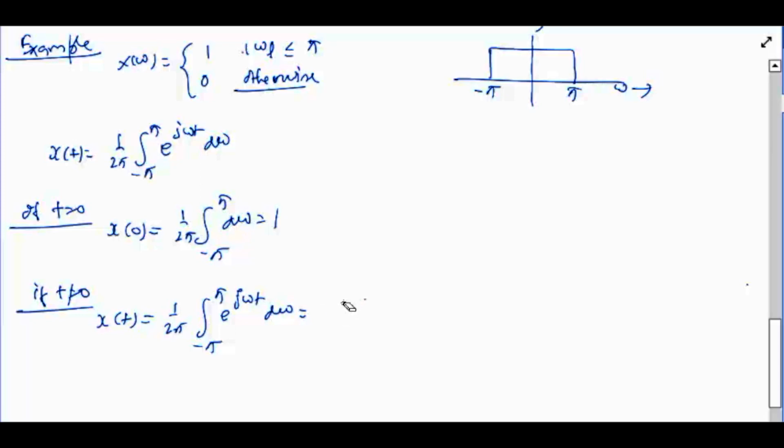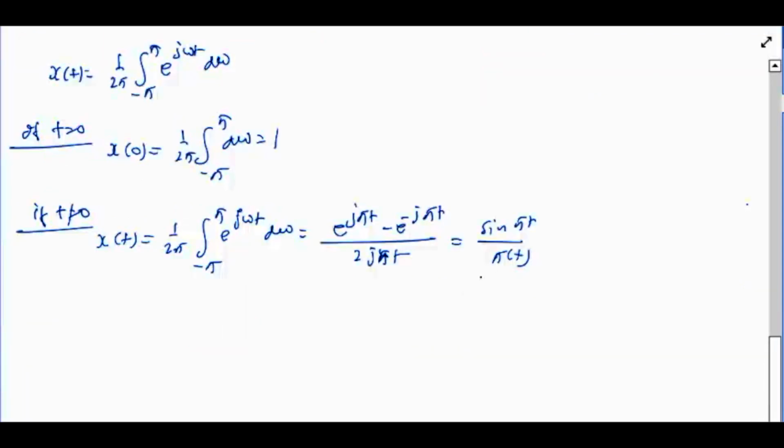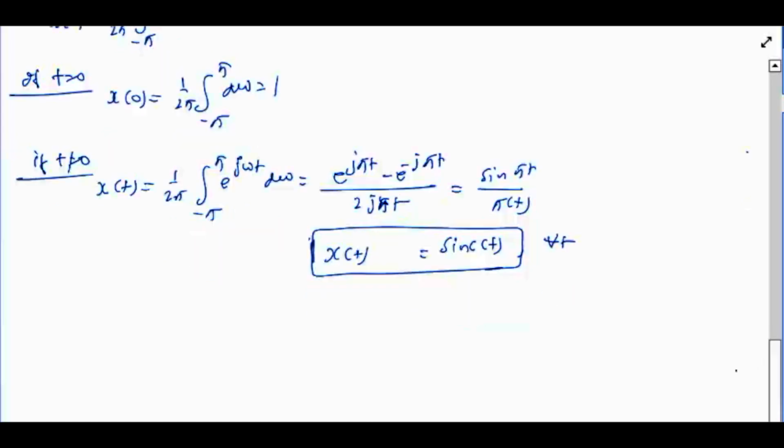Well, first we get e raised to j pi t minus e raised to minus j pi t divided by 2j pi t, which is nothing but sine pi t divided by pi t. Which in turn, if expressed in terms of sinc function, is simply sinc t. Okay. So we have x(t) is equal to sinc t for all t. If you plot this x(t), it looks as follows.